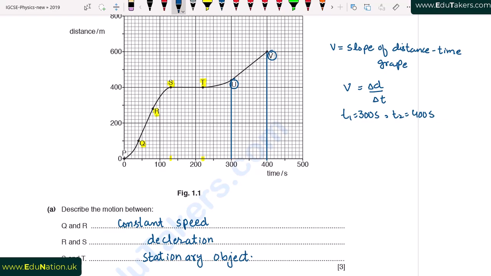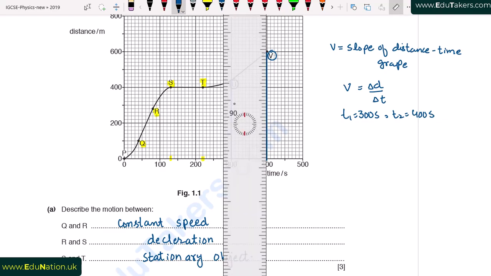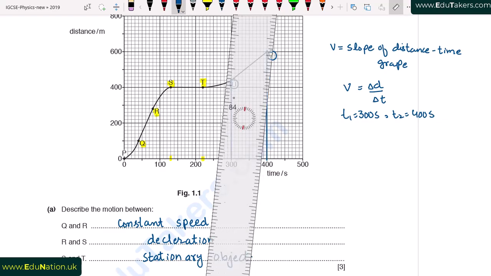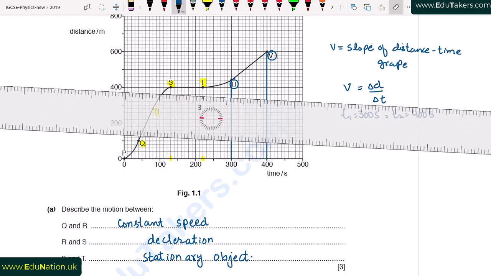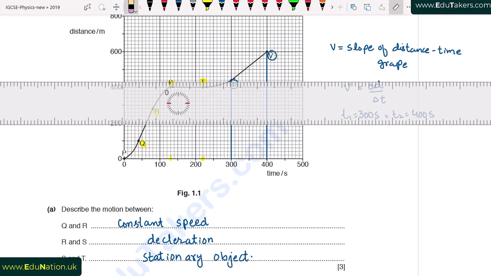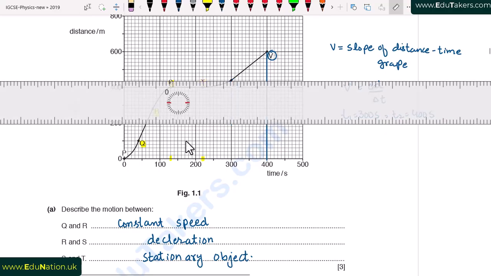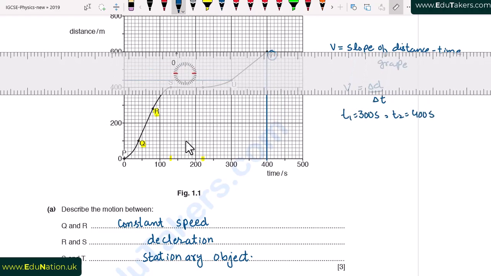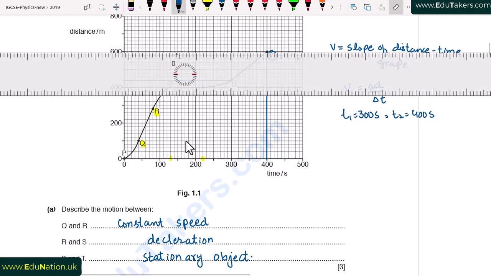Next we have to find out the value of distance, that is on the y-axis.